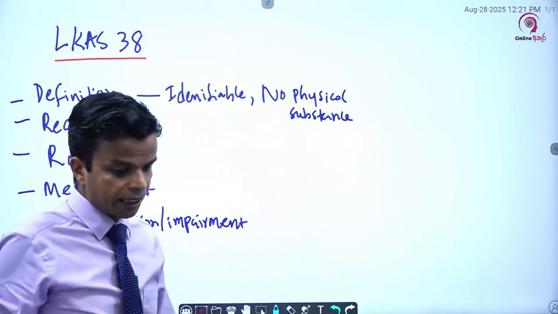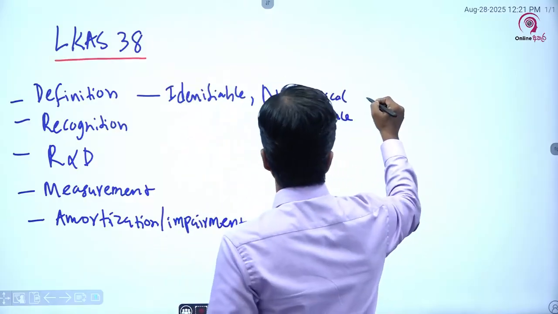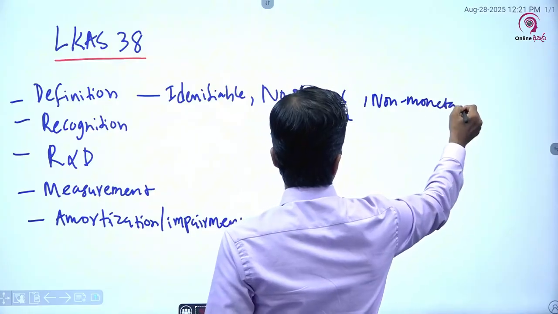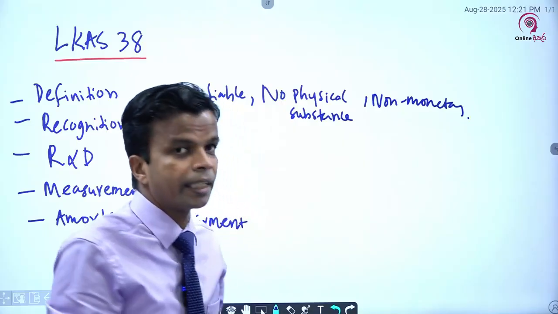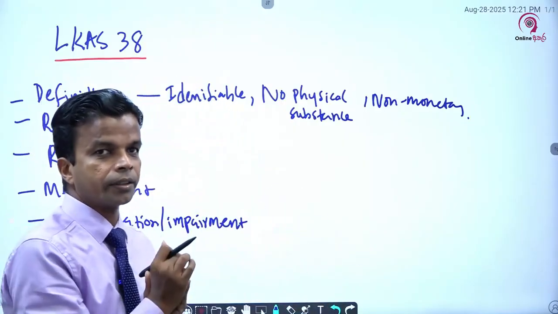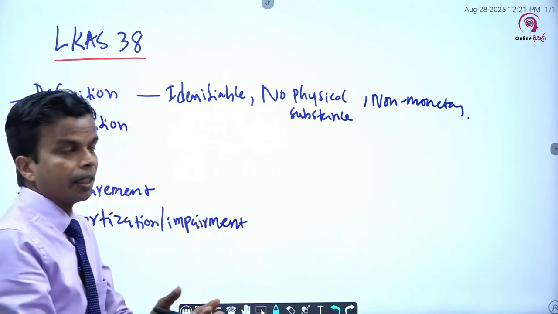So you don't have a physical substance, but it is identifiable, and of course, it's a non-monetary asset, right? So if you have an identifiable non-monetary asset which does not have a physical substance, that is an intangible asset, right? That is basically the definition of intangible assets.